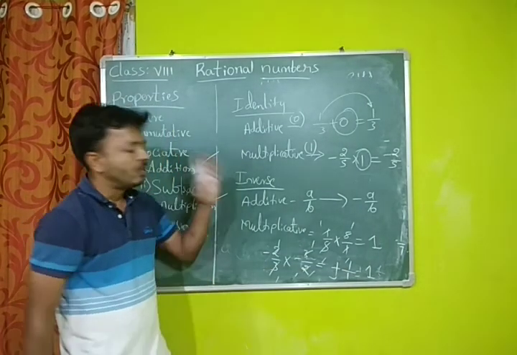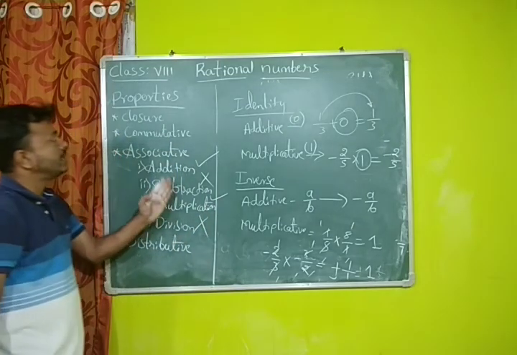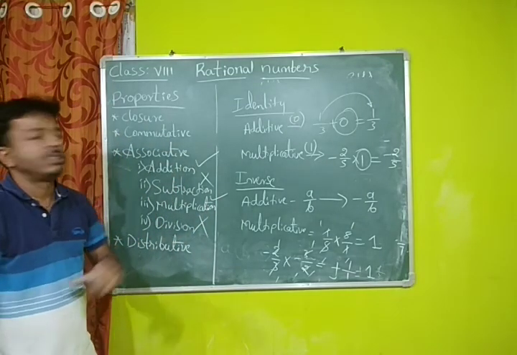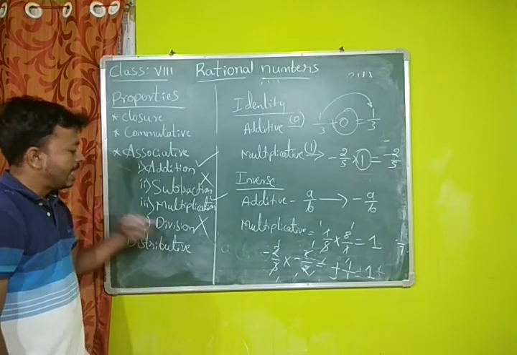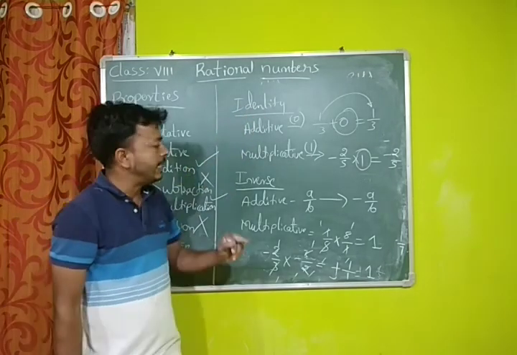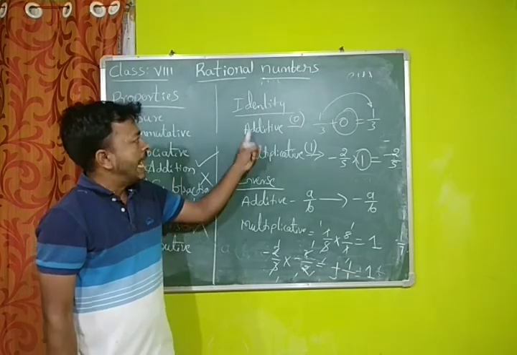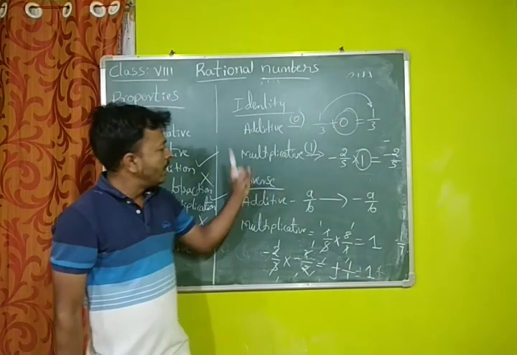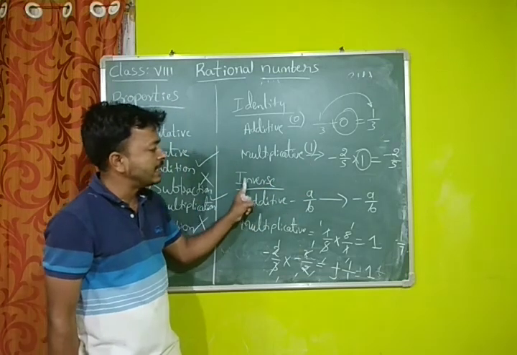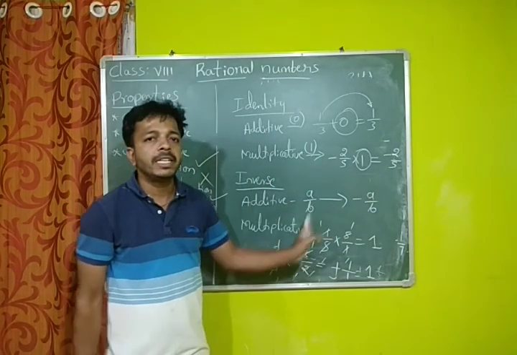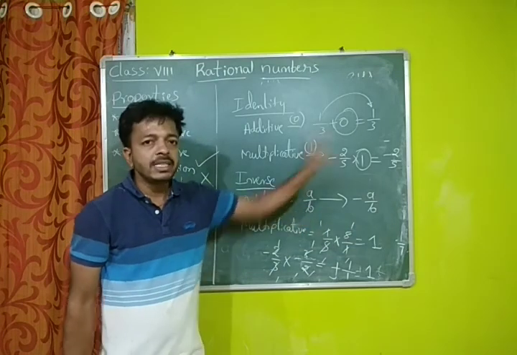So what did we discuss now? We discussed some properties of rational numbers: closure property, commutative property, associative property, distributive property, identity, and inverse. The additive identity is 0, the multiplicative identity is 1, and the additive inverse is just changing the sign: if it is plus, minus; if it is minus, plus.